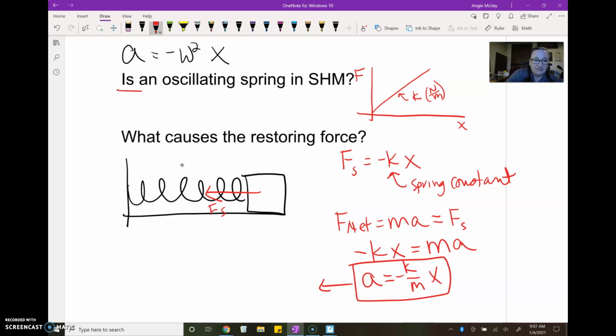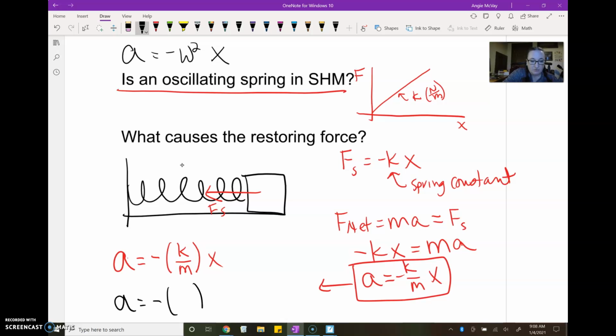We still haven't answered, is this oscillation in simple harmonic motion? Well, we've got acceleration equal to negative some constant times x, where that constant is k over m. If we compare this to the definition of simple harmonic motion, acceleration is equal to negative some constant times x, where that constant is omega squared.